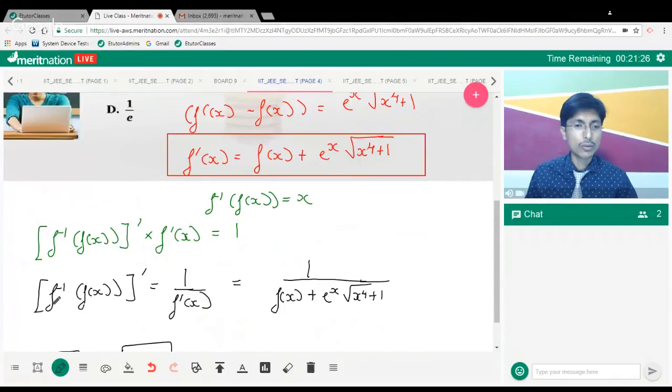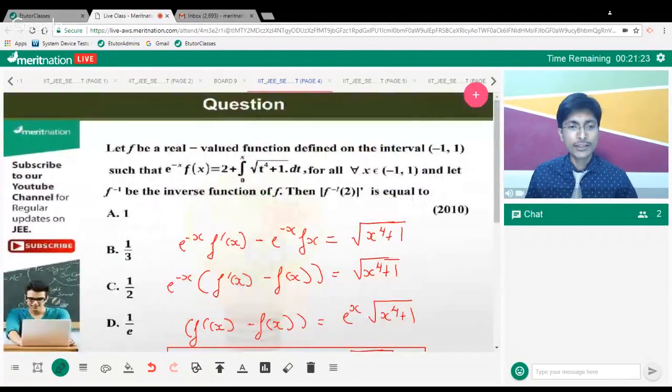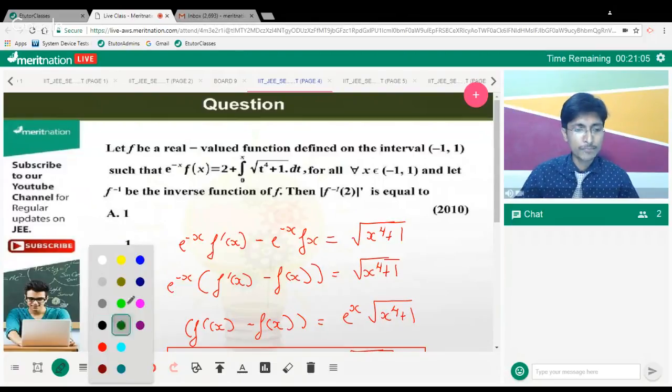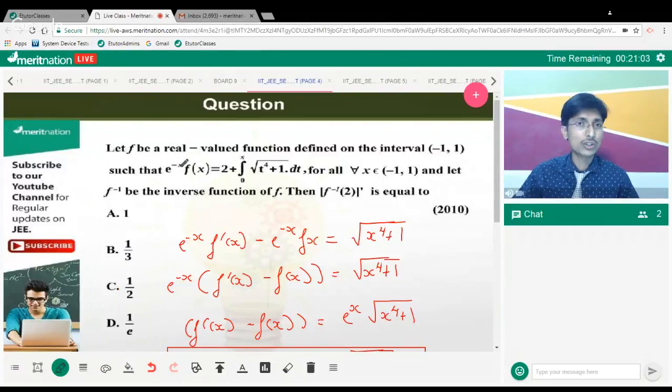So again, we'll go back to our expression. See, it's very crystal clear written: 2 plus integration from 0 to x. If I make x as 0, nothing more to think about, guys. If I simply make x as 0 in the expression, what will I get? e raised to the power 0 is 1. So that will be 1.